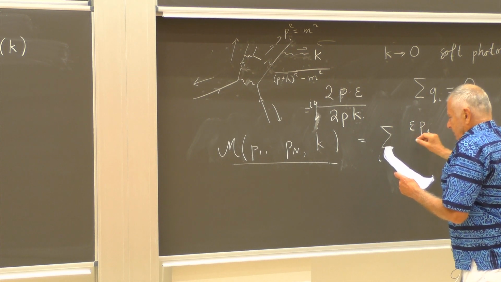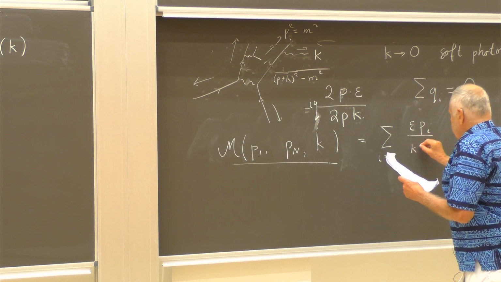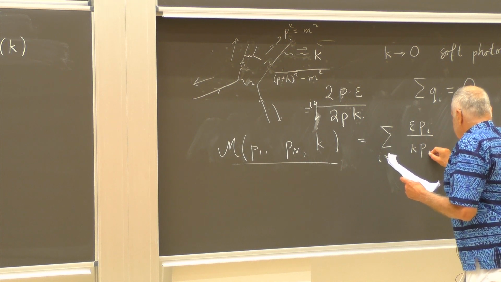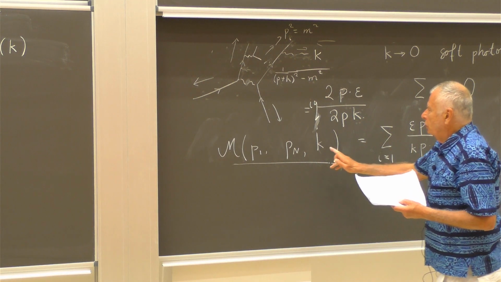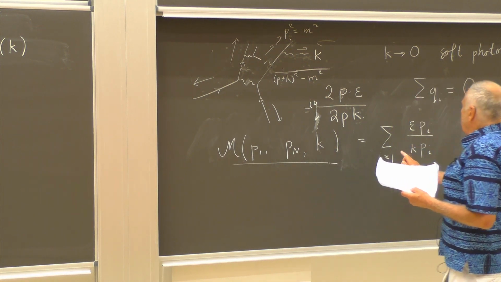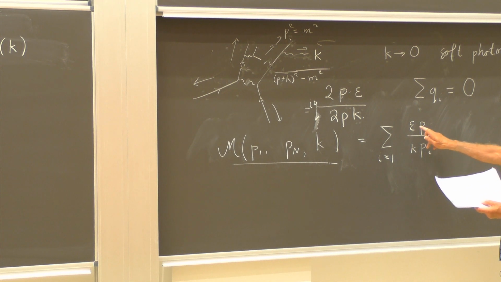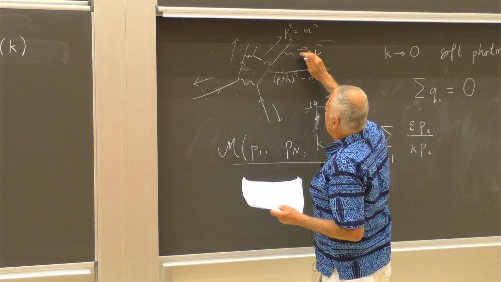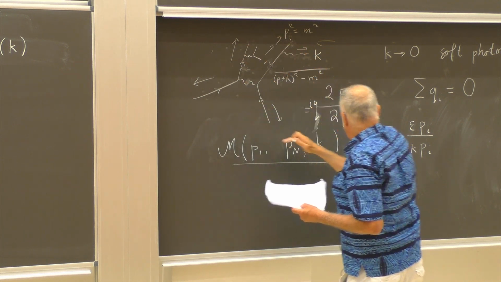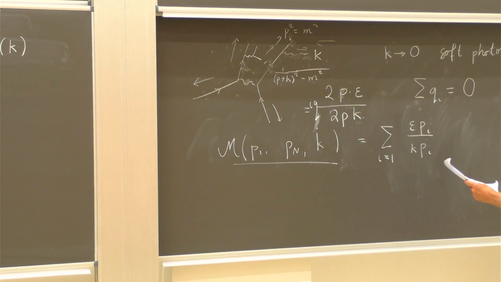So this is really the simplest possible soft theorem: the amplitude with one soft photon is the sum of Feynman diagrams in which the photon is on external legs, and what is left is just the amplitude without the photon.